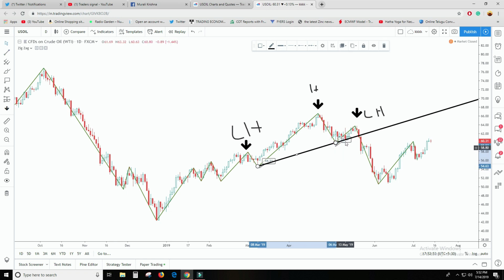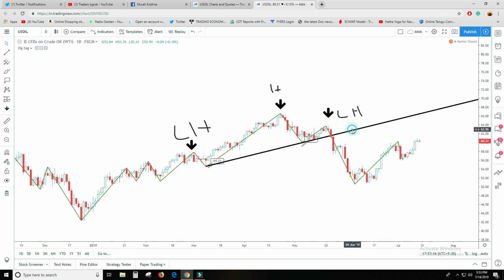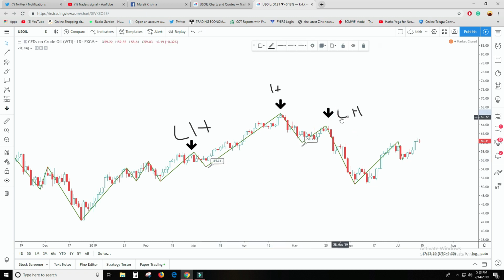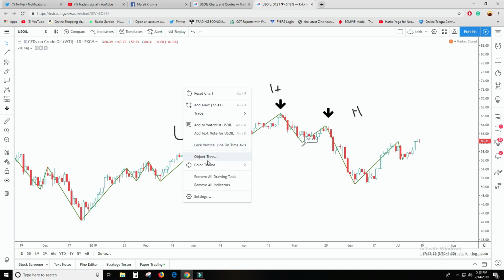If you connect the neckline, you can see it's drawing exactly like the head and shoulders pattern. So here's a simple line which was connected, and after some time the price broke down and continued downside. So what would be the condition right now, if you want to draw on the present candle?